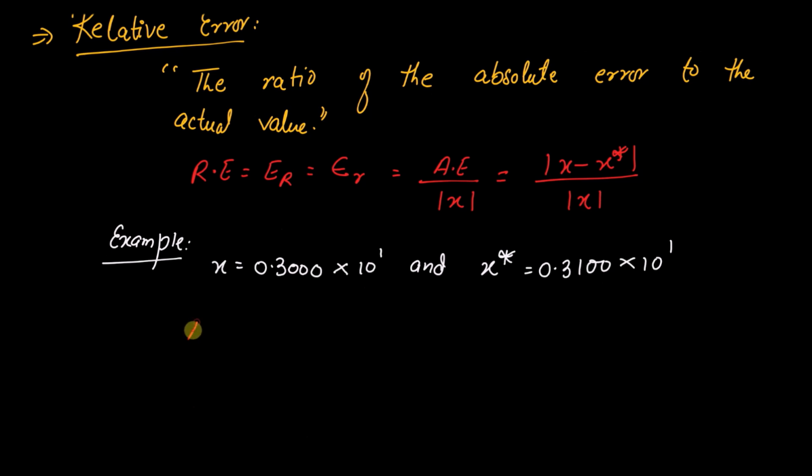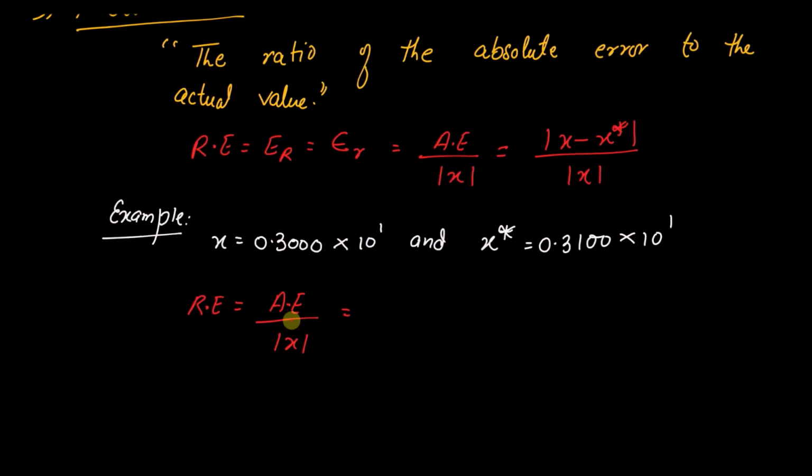So the relative error, A.E. over mod of x. We already calculated A.E., which is 0.1, so we substitute it directly, divided by the mod of the actual value into 10 raised to the power 1.